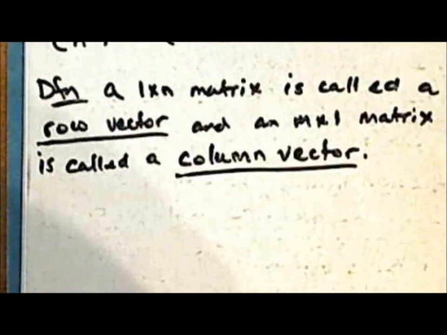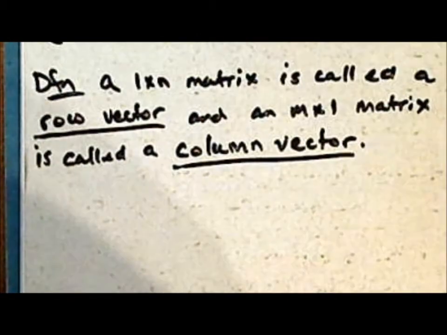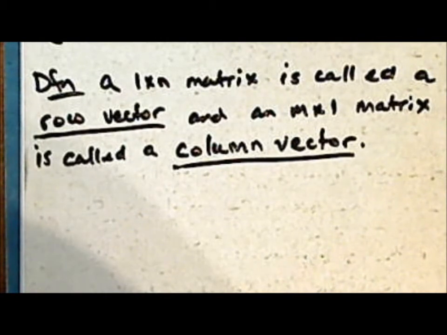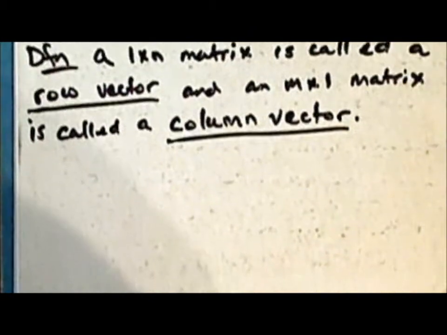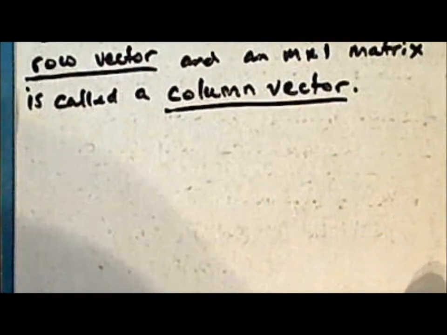So as row vectors and column vectors are matrices, vector equality, sums, differences, and scalar products of vectors are defined as for matrices. But we have a special situation that arises when we look at the product of two vectors in the language of matrices.